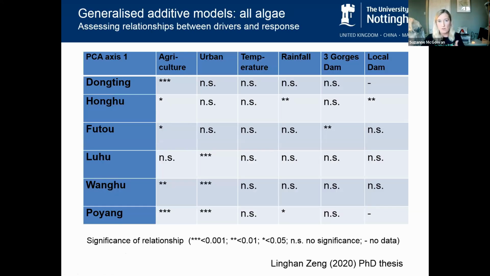And Linkan used generalized additive models to try and link again the drivers with the algal responses, and the headline of this analysis is that the main drivers were either agricultural or urban drivers. This is just looking at the PCA scores of the whole algal communities, and we've basically got agriculture being important in those lakes further up the river, whereas urbanization becomes more important further down the river.